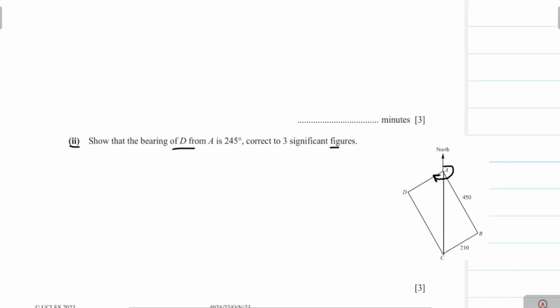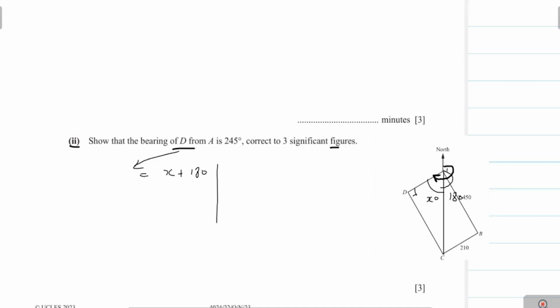This total angle here is 180. And if we find the remaining angle, suppose this angle is x degree, therefore the bearing of D from A will be x degree plus 180. Firstly, we find this angle x.